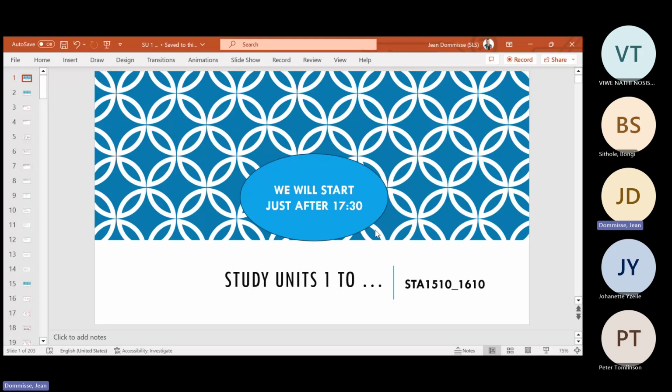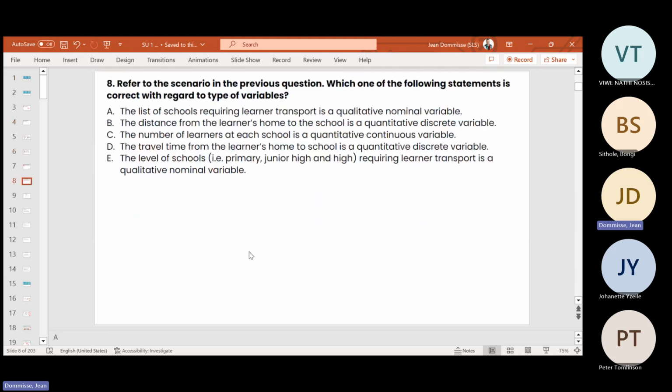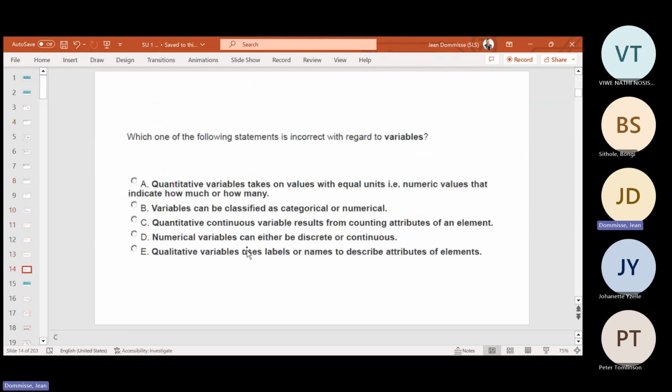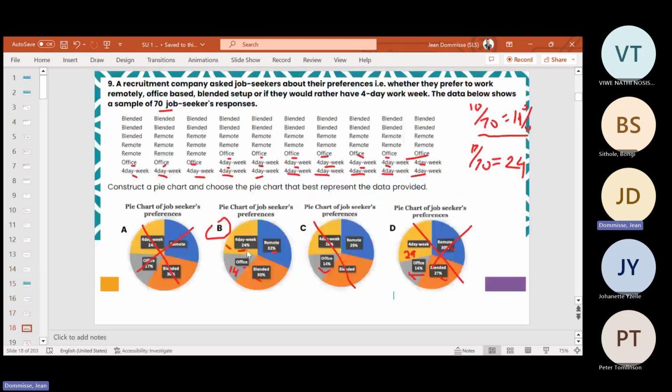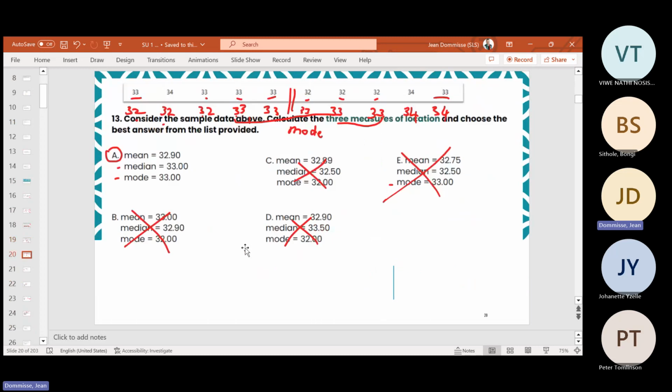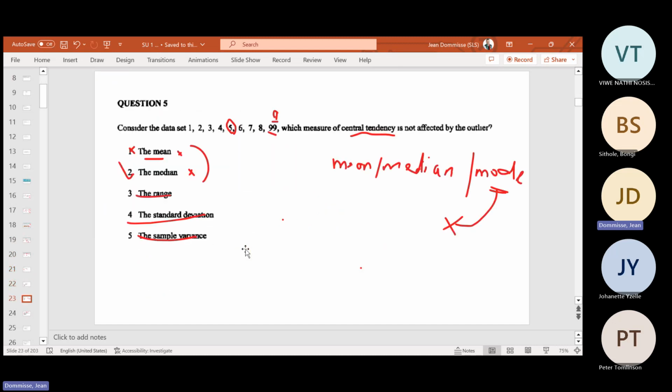Okay, so let me get to where we left off previously with the recap work. Last time we looked at study unit 2, and within study unit 2 there were a lot of things that we needed to do in study unit 3 in any case.